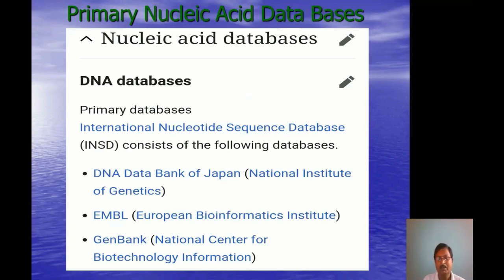One is the DNA Data Bank of Japan, DDBJ, which is controlled by the National Institute of Genetics, NIG. Another is EMBL, controlled by the European Bioinformatics Institute, that is the European Molecular Biology Laboratory. Then another one is GenBank, controlled by the National Center for Biotechnology Information.